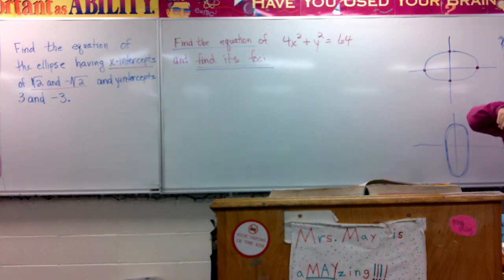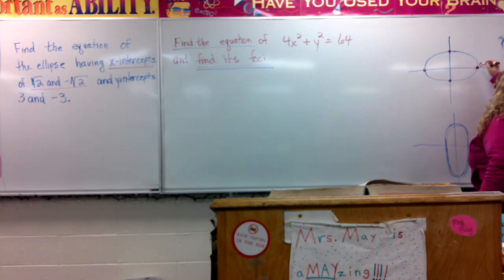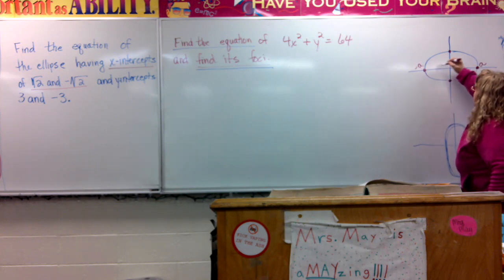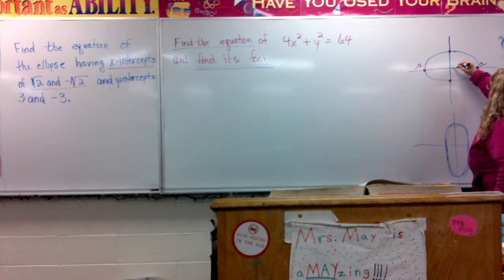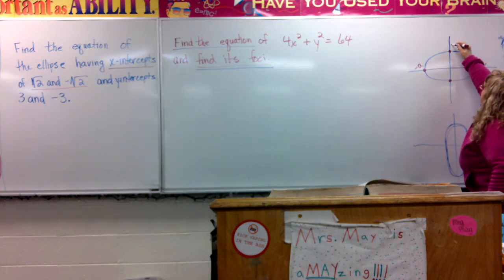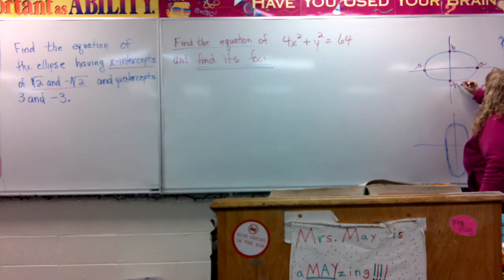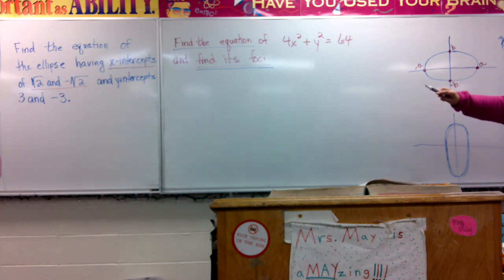And remember, A is always the bigger one. So here, this is A and negative A, this distance. And this distance, B and negative B. Those are just the values that go underneath the x squared and the y squared, if you square them, right?